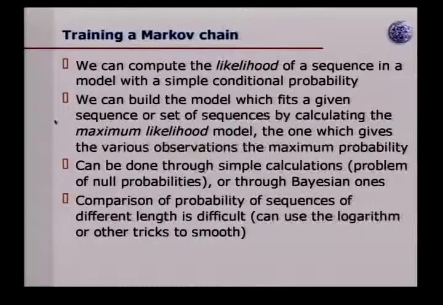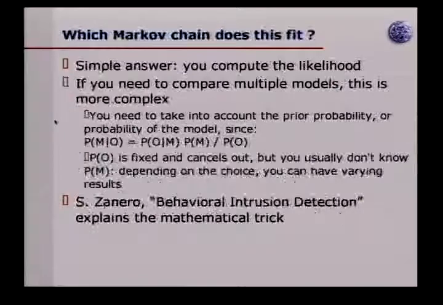There are some mathematical tricks here to smooth this probability. I wrote a paper which has been published in a congress in Turkey, called Behavioral Intrusion Detection. If you look it up on the internet or on my webpage, you will find it, and it has all the mathematics you may want to explain this trick.